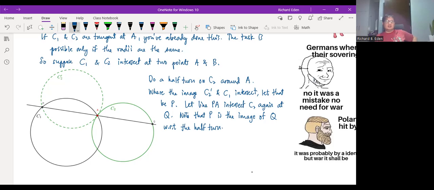What do you call the transformation of a point, like reflection, rotation, homothety, inversion? What's the general term for these geometric transformations?